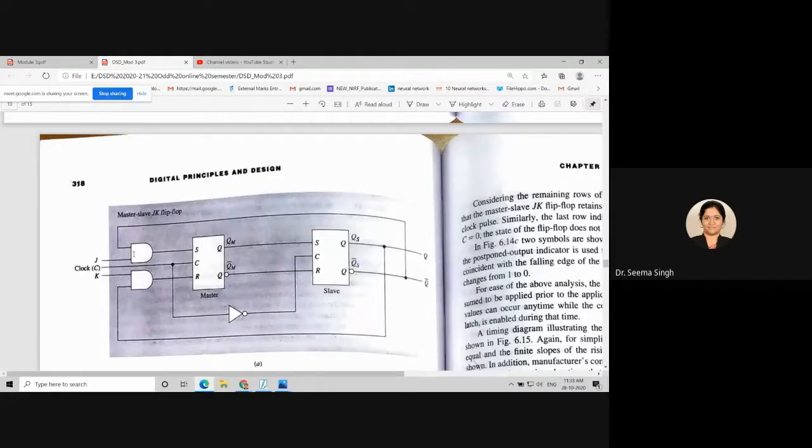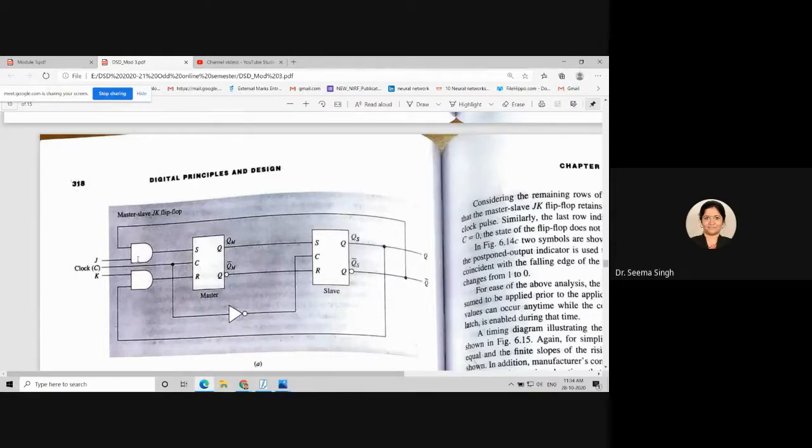So what you can see here is there are two circuits given. The previous one, what I had shown you, was making a JK flip-flop using NAND gates. When you make a JK flip-flop using NAND gates, you can have initially 3 input NAND gates and later 2 input NAND gates, and it will behave as a master slave JK flip-flop.